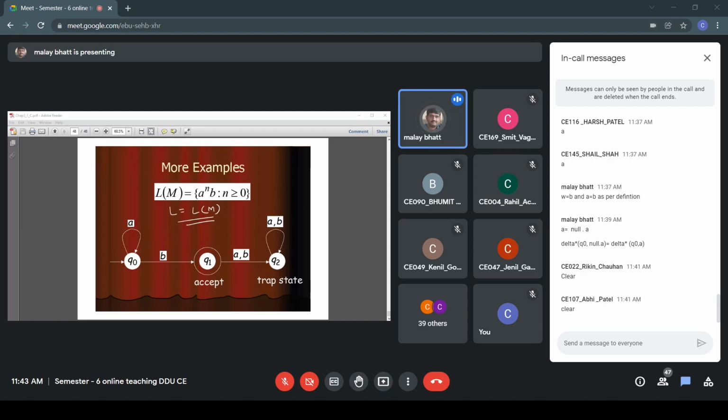If it accepts any extra string, then it is not valid. It must not accept any additional strings which are not in the language; it will only accept the strings which are in the language. So both sets must be equal: the strings accepted by the machine and the strings generated by the definition of the language. I hope it is clear.